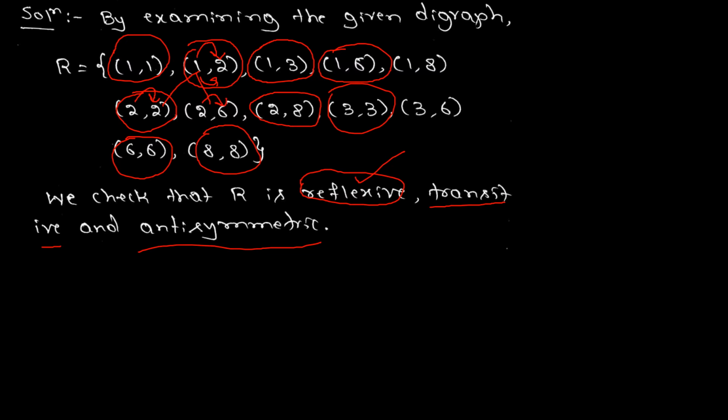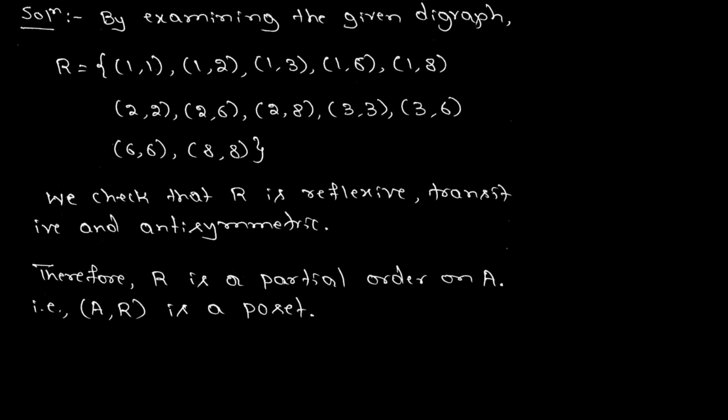If such a case is there in the relation, then we say it is antisymmetric. Therefore, R is a partial order on A, and A comma R is a partially ordered set.